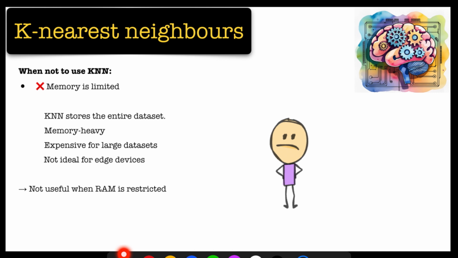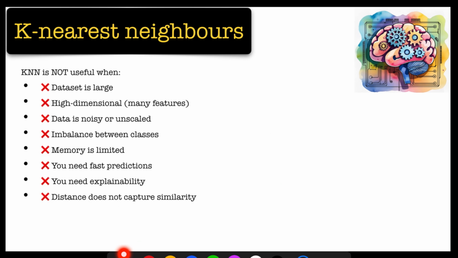When memory is limited, we should also not use KNN because KNN stores the entire dataset. It's memory heavy, expensive for large datasets, and not ideal for edge devices, so not useful when RAM is restricted. So these are the scenarios, a few we have already discussed: when the dataset is large, the data is high dimensional or noisy, classes are imbalanced, memory is limited, or you need fast prediction.